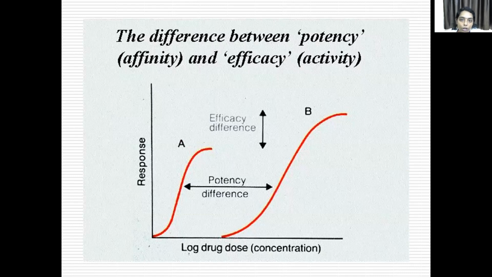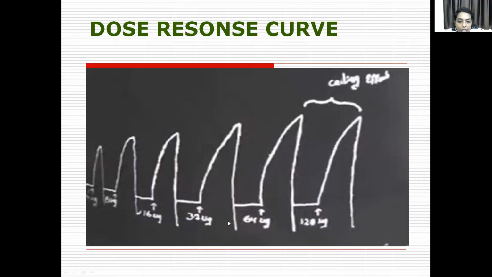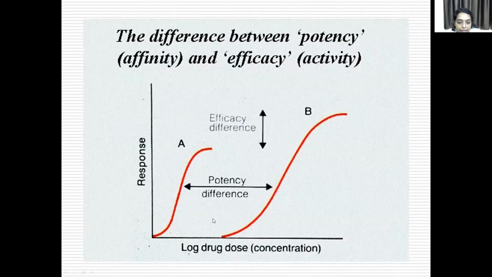On the x-axis, you plot the log of the drug dose. Here you're taking concentrations 4, 8, 16, 32, 64, 128. You take the log value of each dose and plot it on the x-axis. I'll explain it to you again in the experiment.